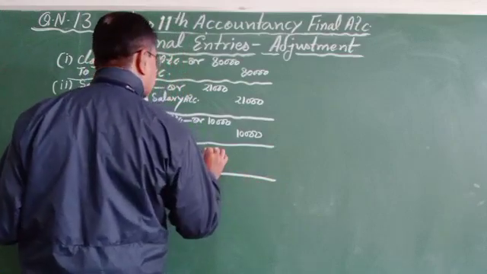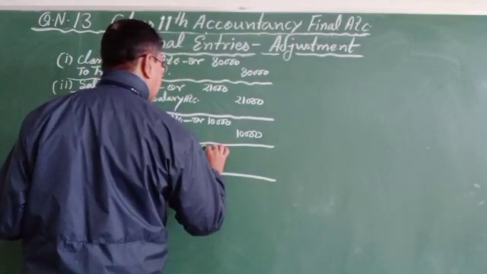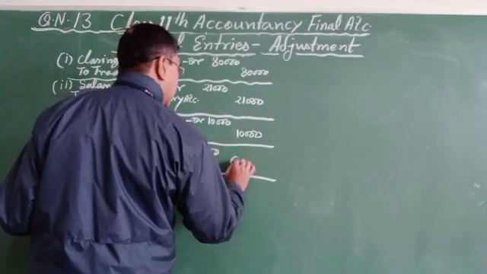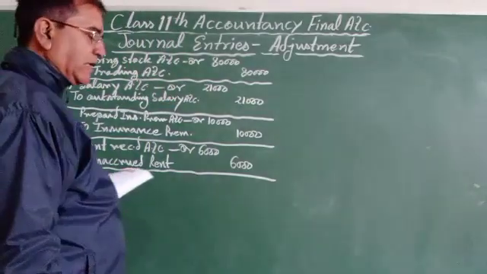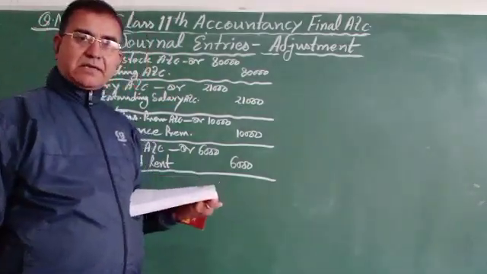That is the amount 6,000. This one is the advance received.